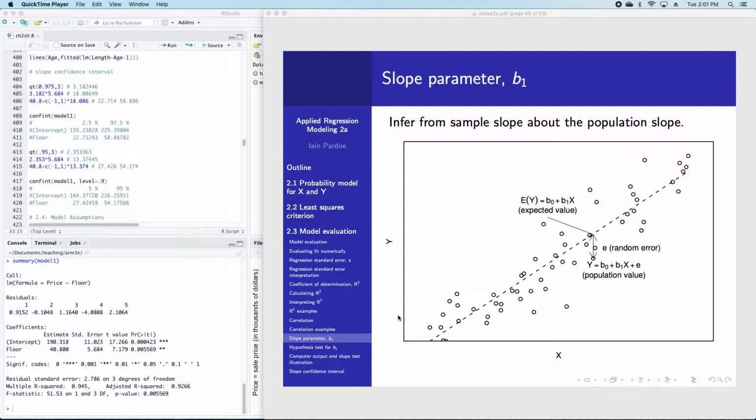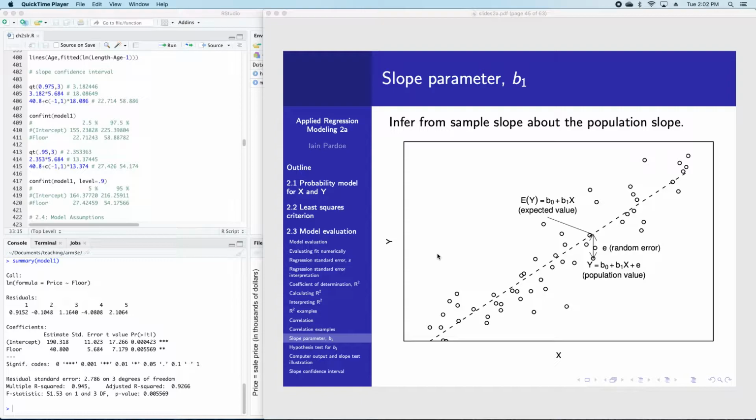So let's think about what we're doing here when we're trying to infer about the slope parameter. As is the case in statistics and hypothesis testing, we are trying to infer about a population using a sample. In this figure, I'm illustrating a hypothetical population. That's what all these points are in this scatter plot.